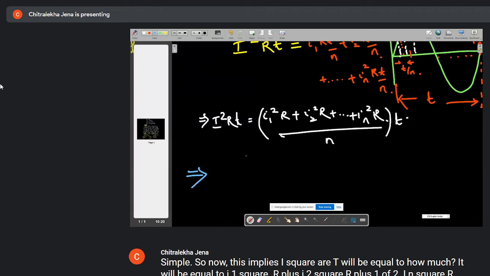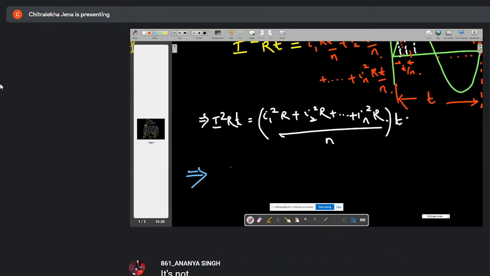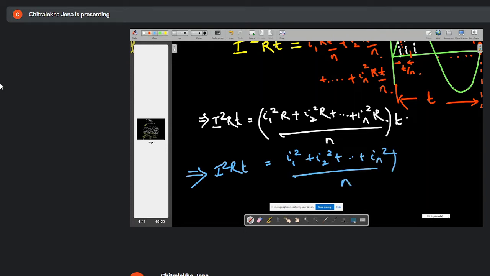Understood? So this implies I square RT will be equal to I1 square plus I2 square plus so on up to IN square, divided by N, whole into RT.